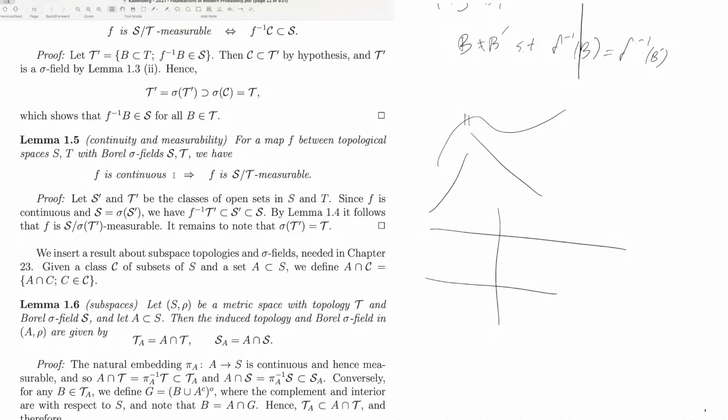This is from Lusin's theorem, I think. Let me look this up real quick. Lusin, yeah. It states that, in general form, for a Radon measure on a second countable topological space, measurable functions into spaces with countable base may be approximated by continuous functions on an arbitrarily large portion of their domain.